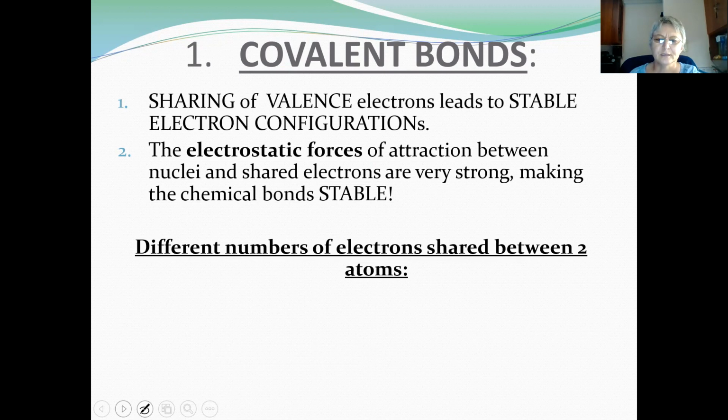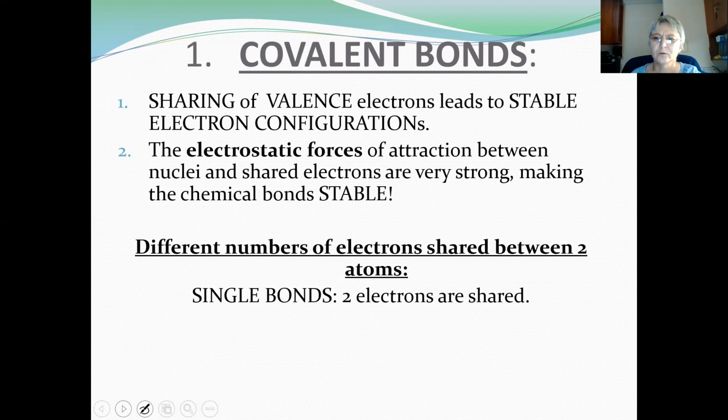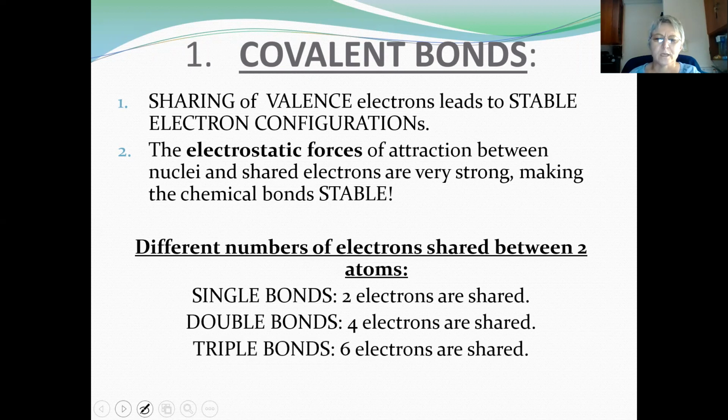There are different numbers of electrons shared between two atoms. It is possible for two atoms to share 2 electrons. We call that a single covalent bond. When 4 electrons are shared between 2 atoms, we call it a double covalent bond. When 6 electrons are shared, we call it a triple covalent bond.